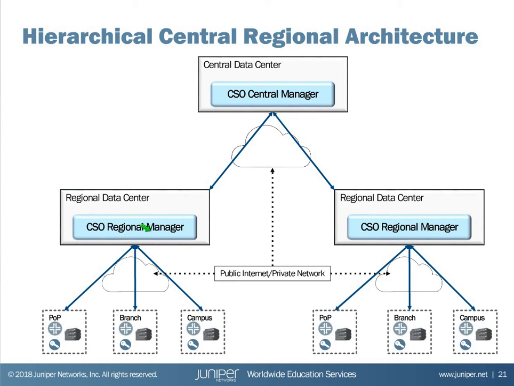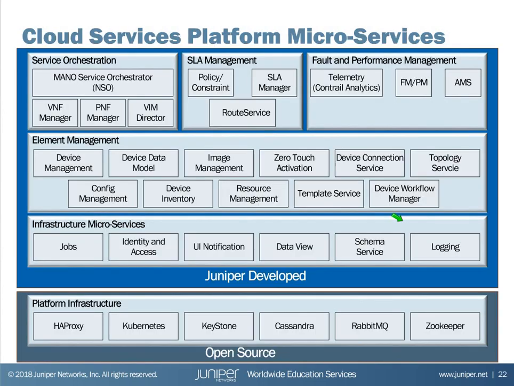Maybe I have an installation of CSO on the East Coast, an installation of CSO on the West Coast to manage the different data centers and customer service sites that we operate. And I'm growing around the world. And so there's kind of a hierarchical installation that's supported, so I can have a central installation of CSO that can manage all of the distributed regional installations of Contrail Services Orchestrator, right? So it's highly scalable. You can manage this solution globally if you need to, right?